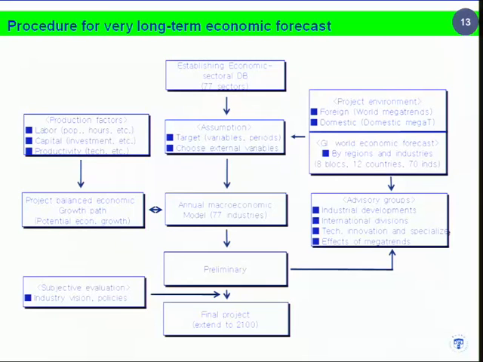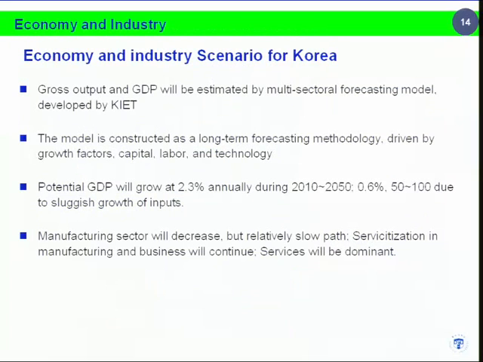For the very long term economic forecast, we need mega trends, like what kind of technology, like fusion technology, is best possible, or how the relationship between labor and capital might change. The production function itself might be totally different. But we cannot make it just a simple story. We need some logical foundation for that. That's why we have some futurologists in our economic and industrial change groups.